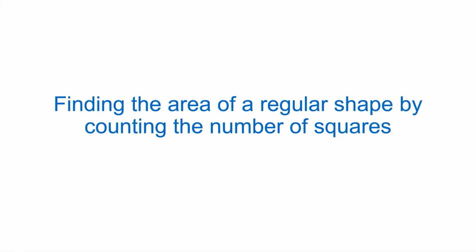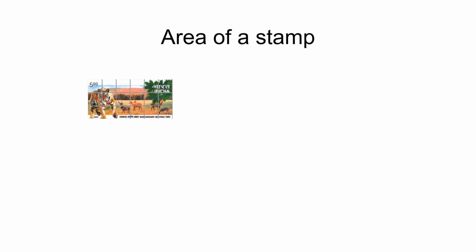Finding the area of a regular shape by counting the number of squares. Let us find out the area of a rectangular stamp by counting the number of squares. Area of a stamp. Look at this stamp. It is in rectangular shape. Further, it is divided into squares. The side of each square is 1 centimeter.